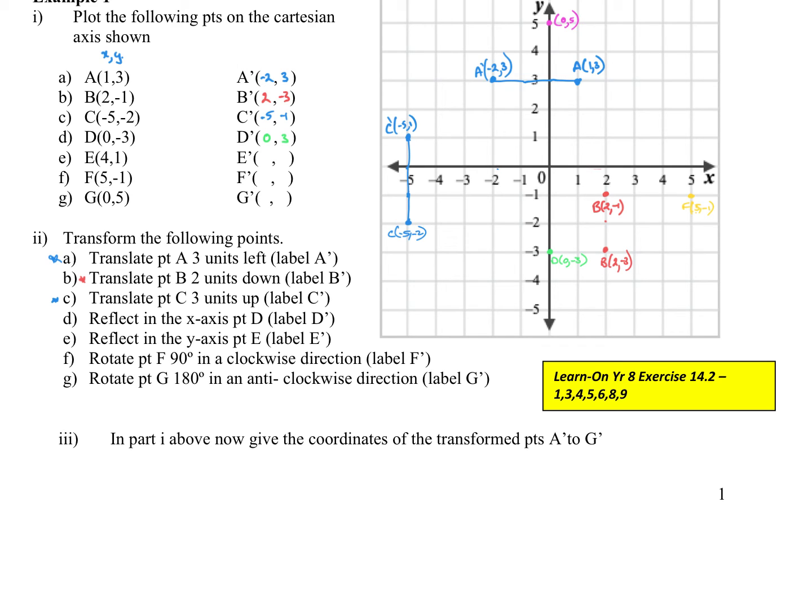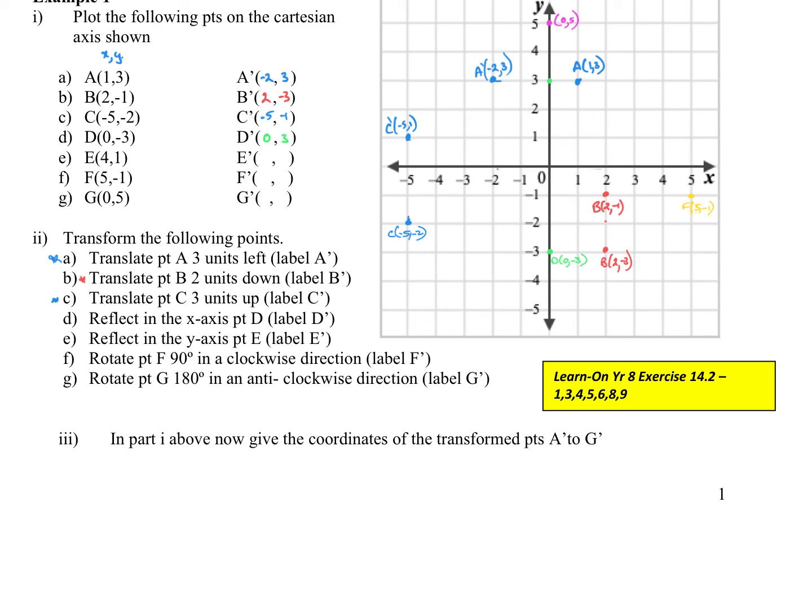It becomes the point 0, +3, which is, well, let's rub out some of those other lines that I've put, just so they're not in the way. And we're now at the point 0, +3. So there's the point D dashed, 0, 3.